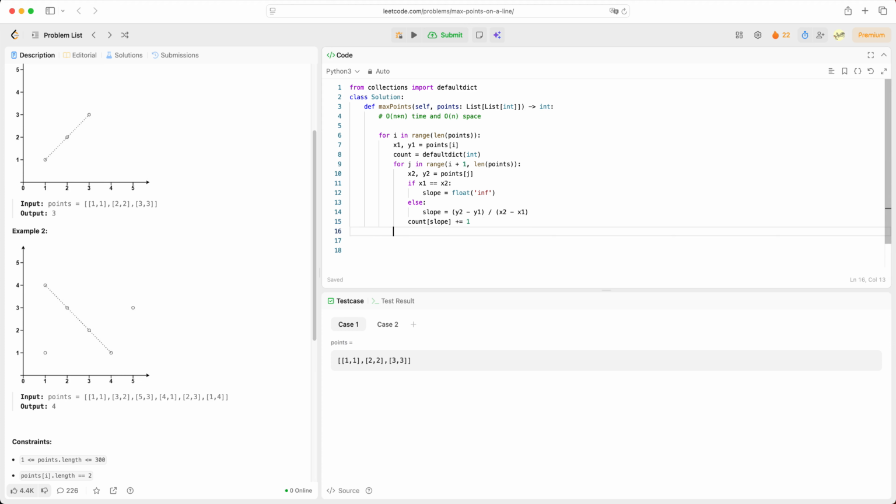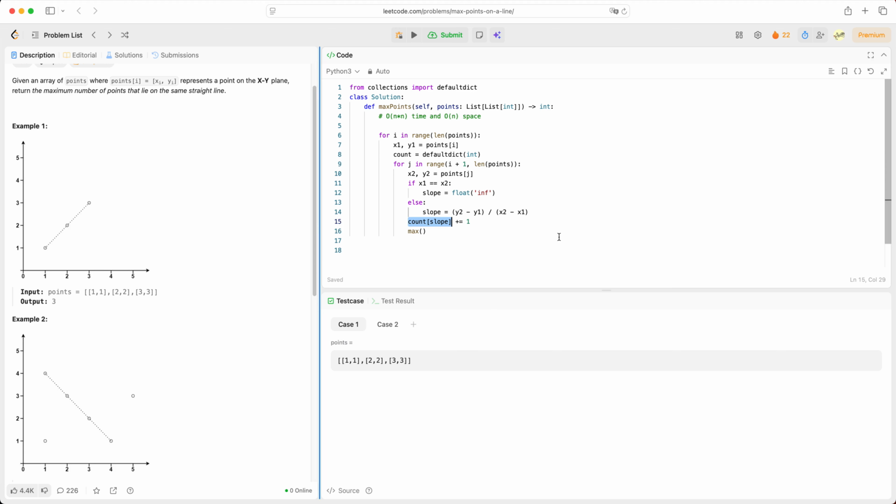So what we have to do is somehow use this information to update our maximum number of points on a straight line. And so far we don't have a return value. So let me just specify that real quick.